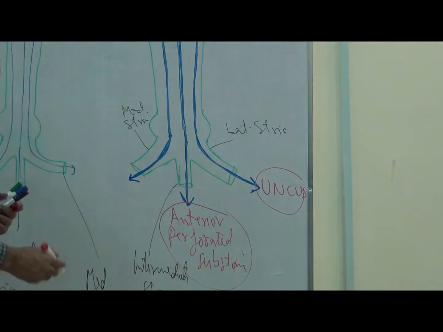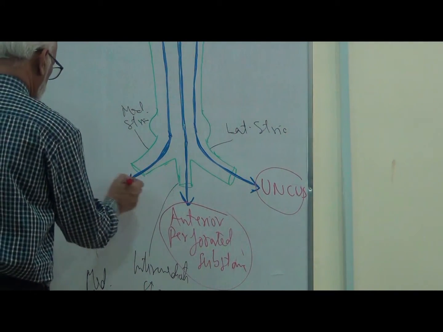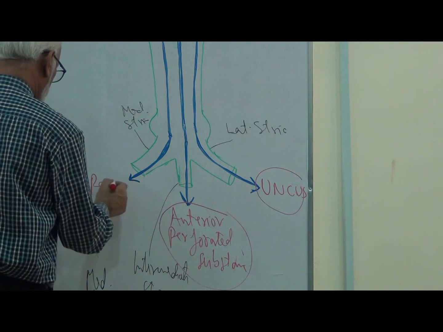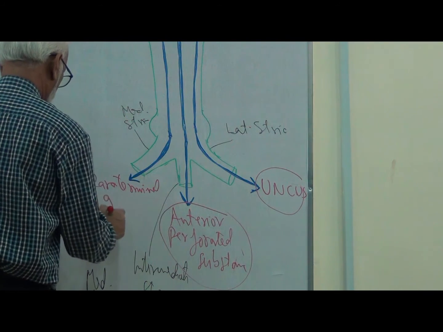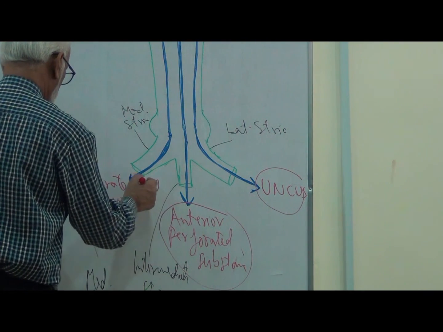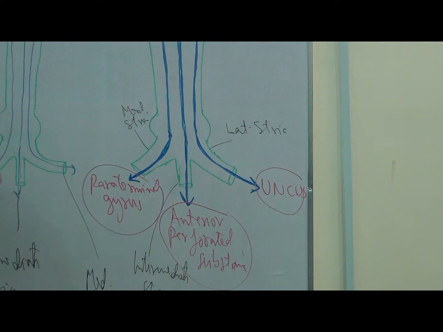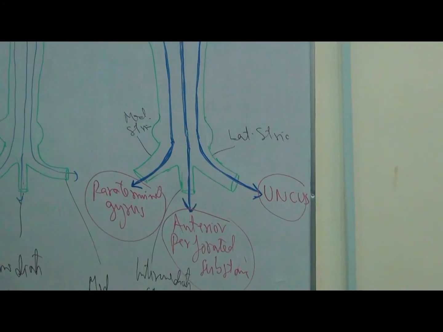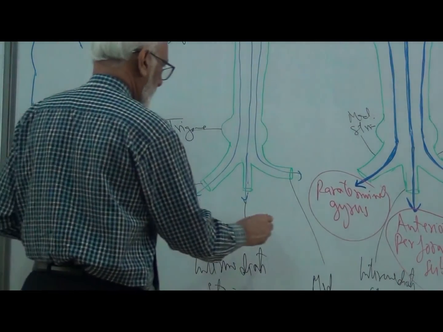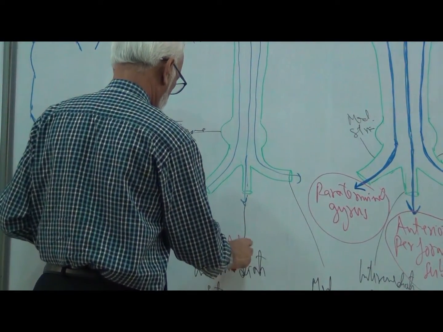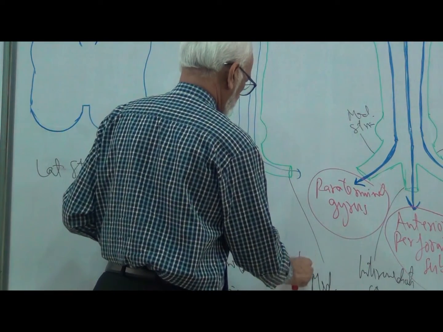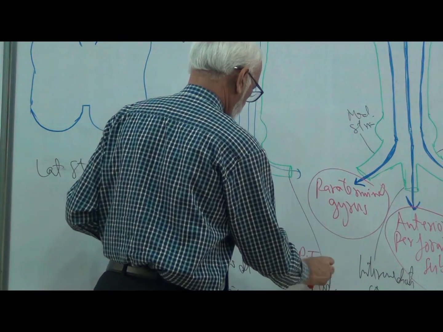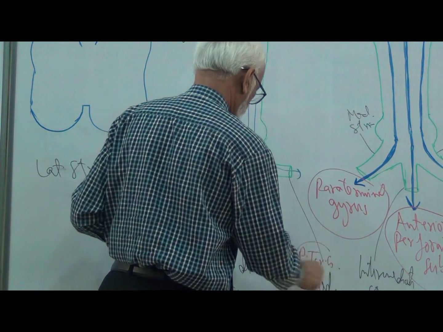And the fibers of the medial stria relay in the paraterminal gyrus. The same is the case here: uncus, anterior perforated substance, and paraterminal gyrus.